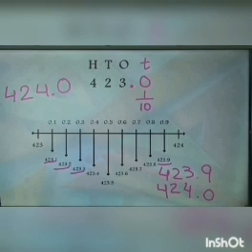So remember, 424 can also be written as 424.0. It is the same thing. If we have any number, we can put a decimal point and a 0 after that. It remains the same thing.